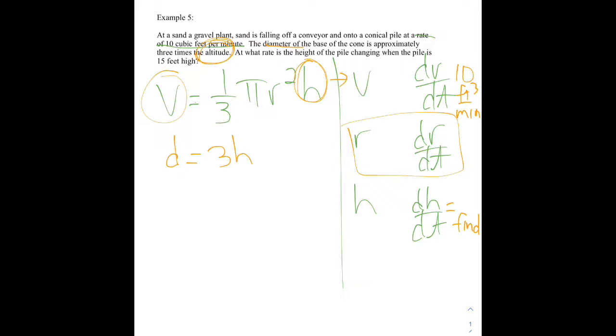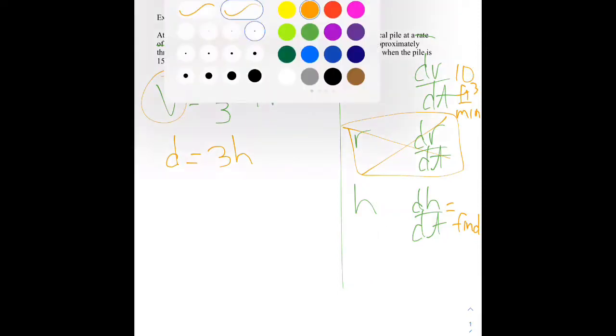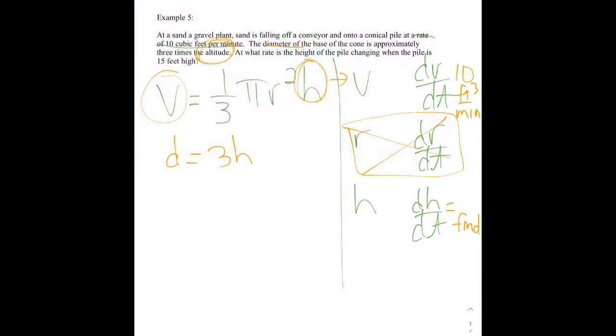They did not give me any information about r. So we want to find a way to eliminate that from my differentiation piece. Well, we know that even though the diameter is what they gave us in the problem, don't we also know that a diameter is equal to 2 radii?